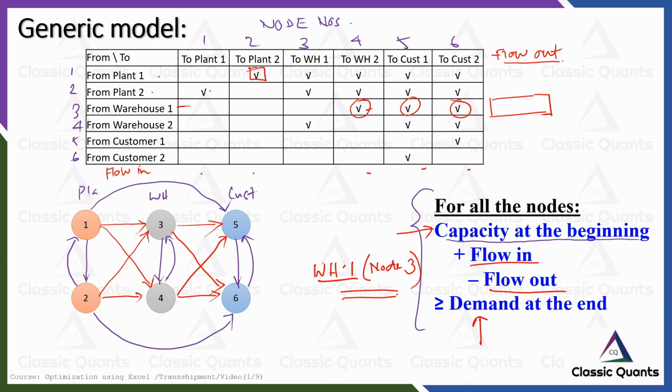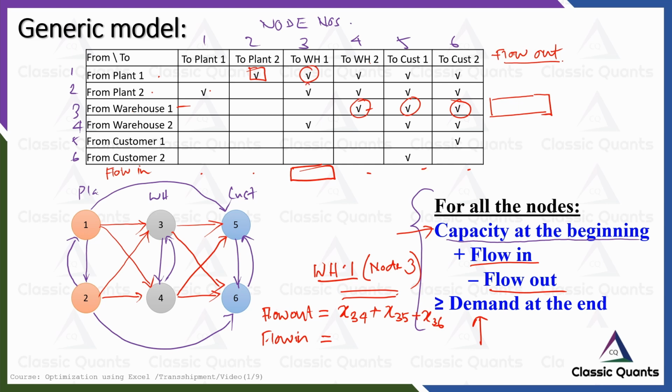That means flow out is equal to x34 plus x35 plus x36. And what is flow in? Flow in is this sum.